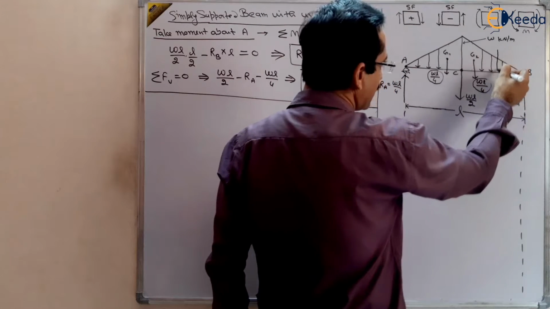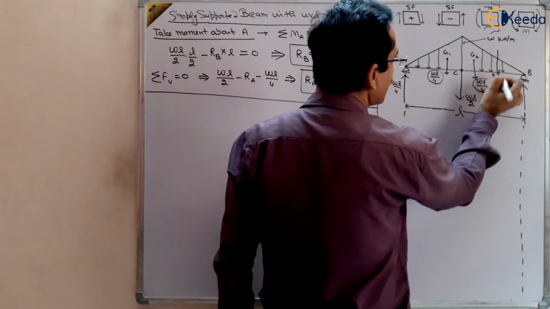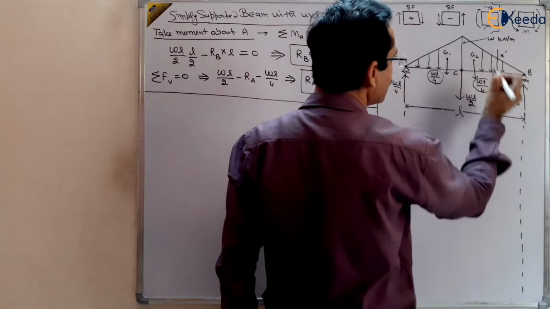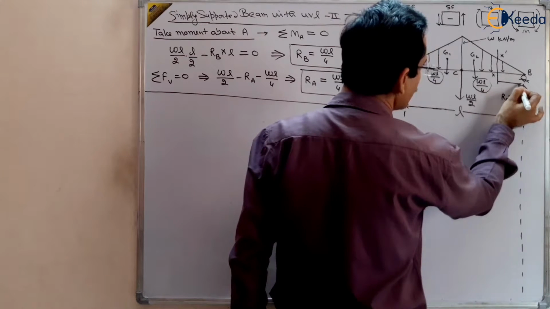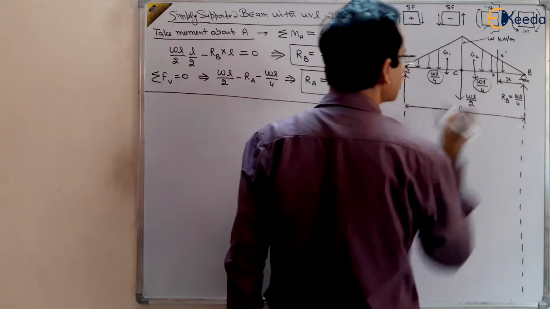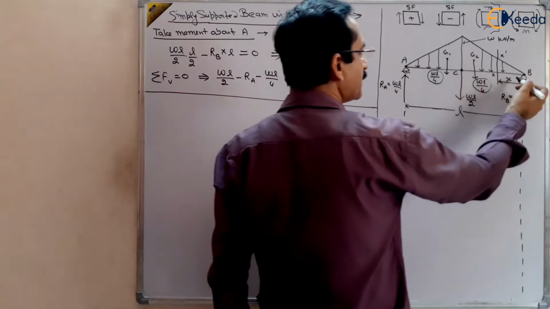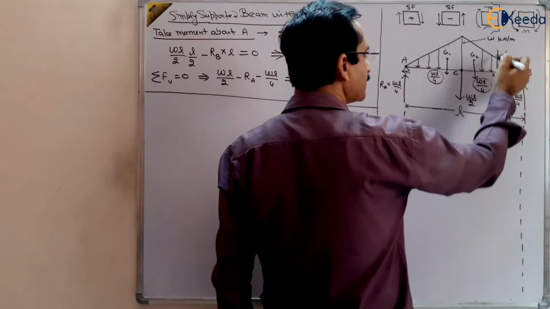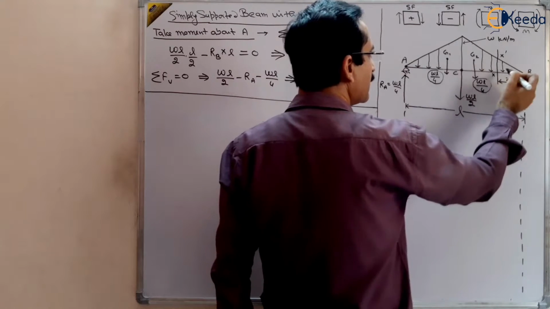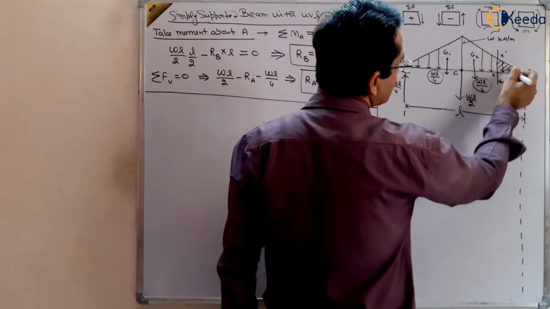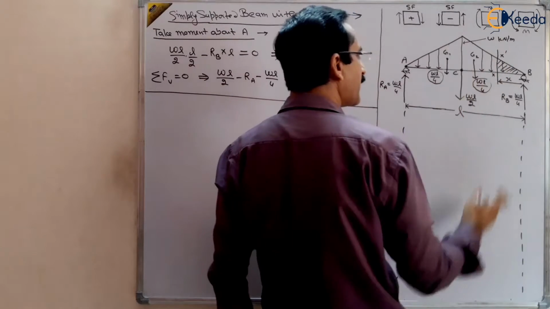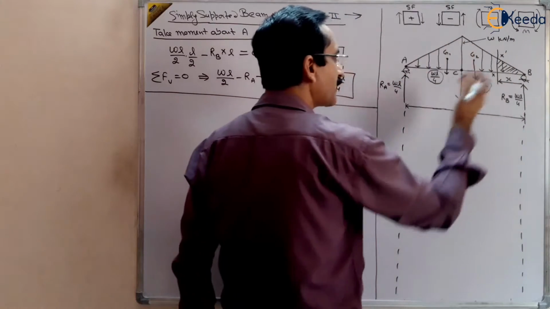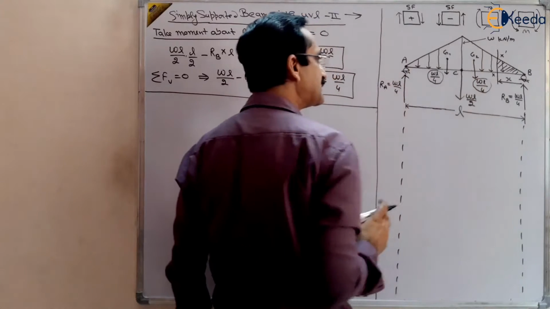So let us take any point here, x dash, at a distance x from B. What is the shear force at this point? This will be valid from B to C.